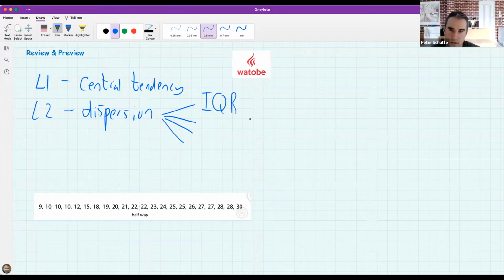IQR, interquartile range. There was the range. And what other words or things did we have to calculate? So in order to find the interquartile range, we had to find things called quartiles.